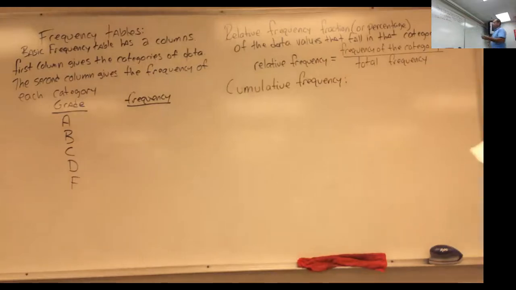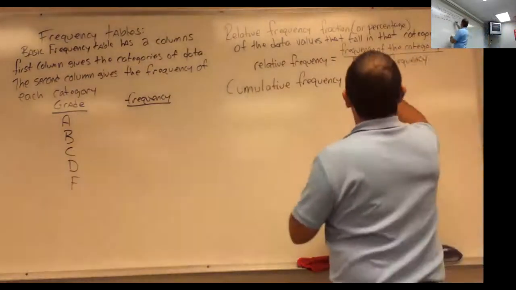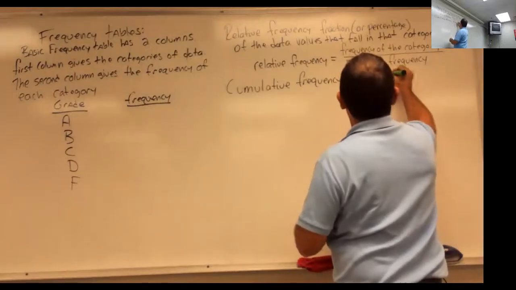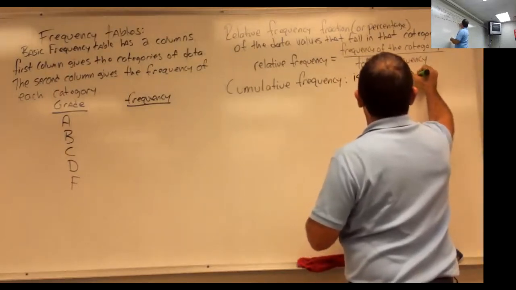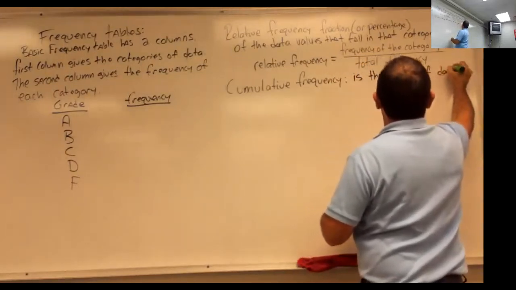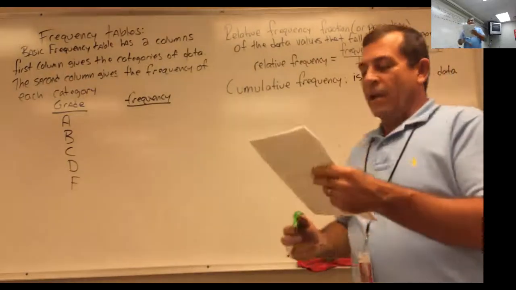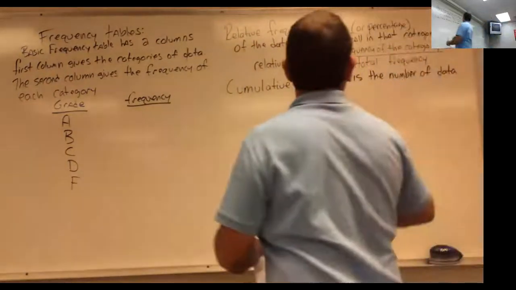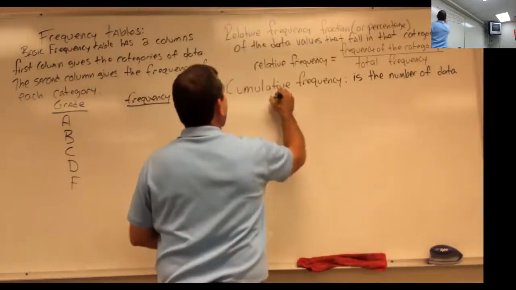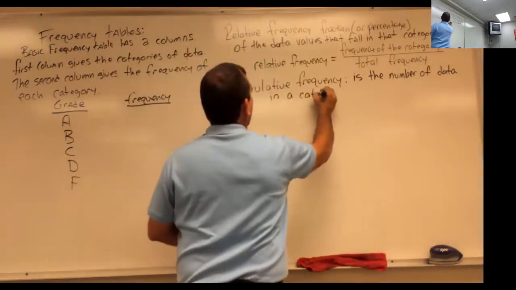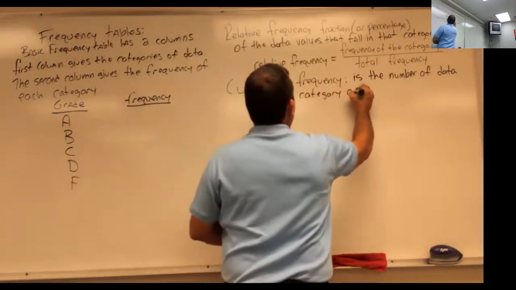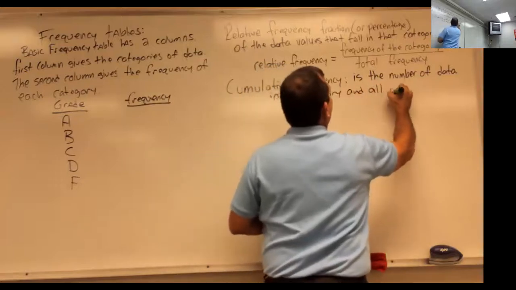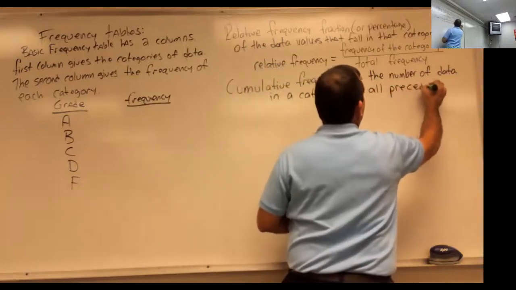This is the number of data in a category and all preceding categories.